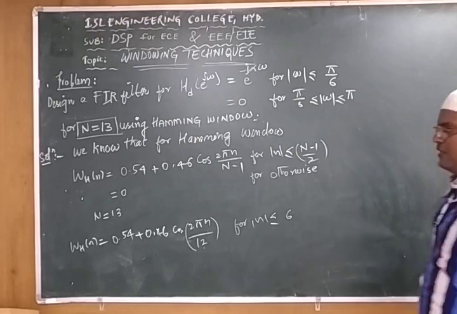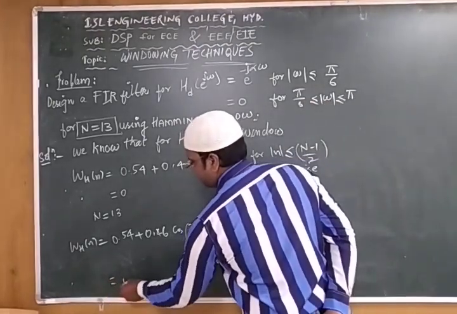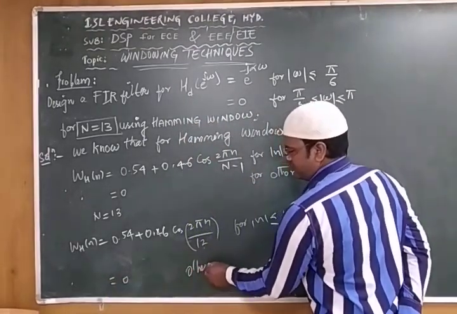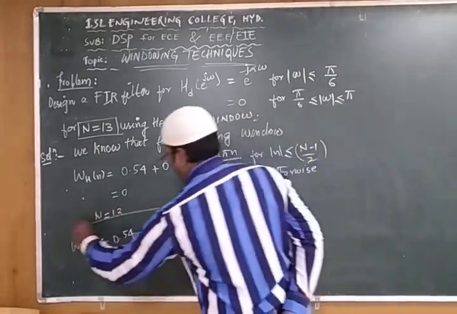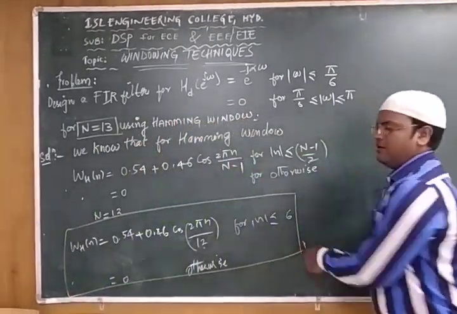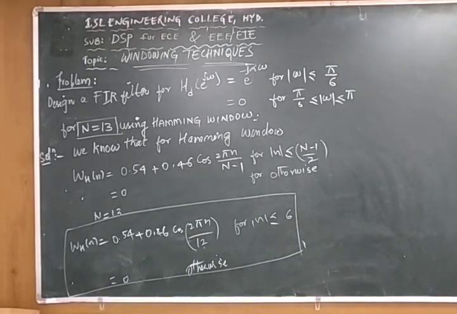So we have to find till 6 samples, and it is 0 otherwise, right. So we found first the value for the windowing function. Next, what do we need to find? By substituting those values, we need to get the coefficients for these given specifications.